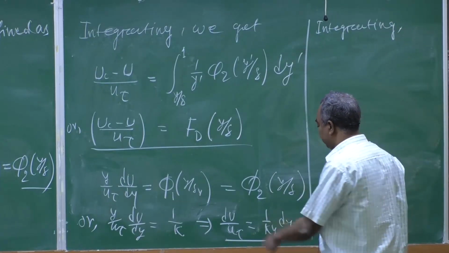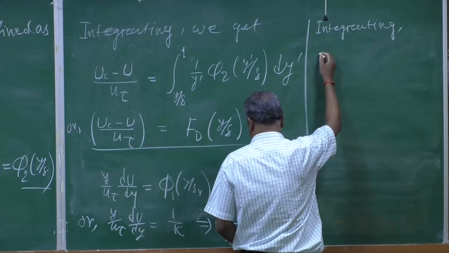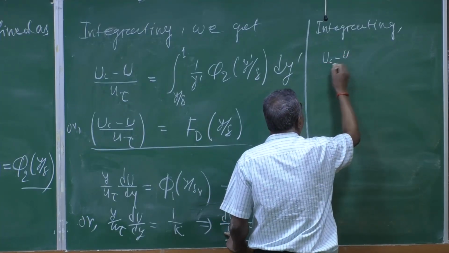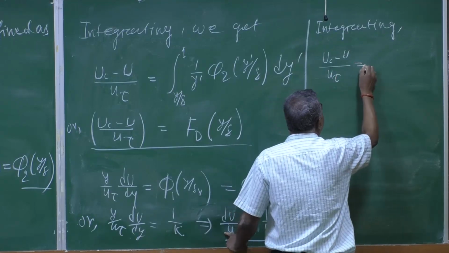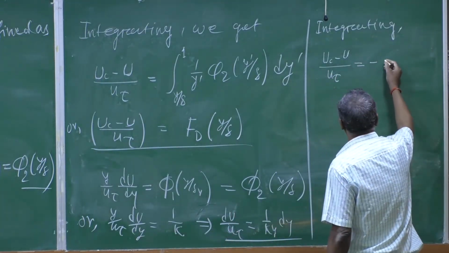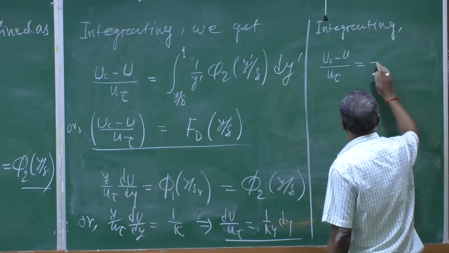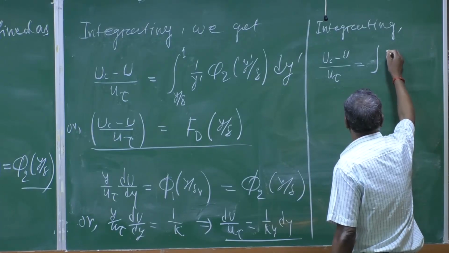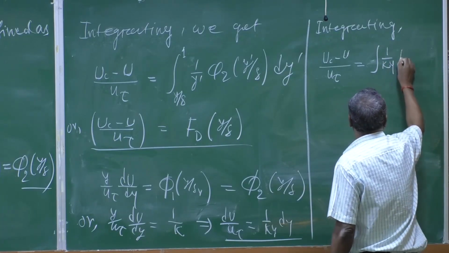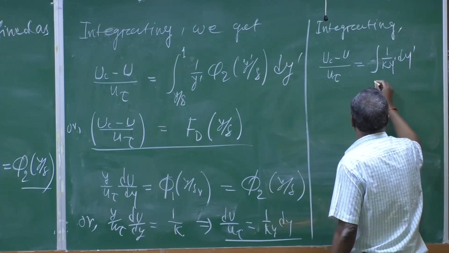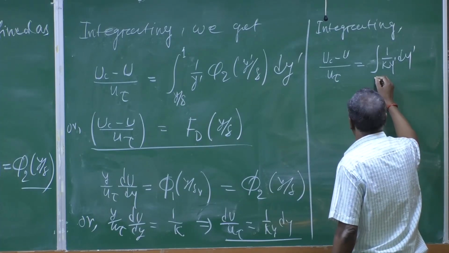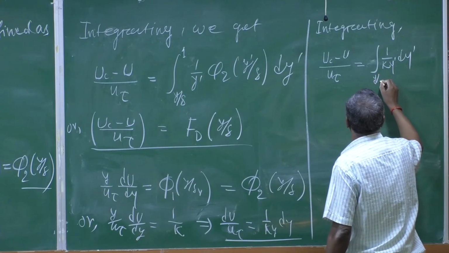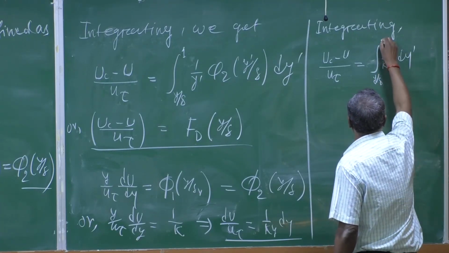Integrating, we can write u c minus u divided by u tau equals minus the integral of 1 by kappa y dy from y by delta to 1.